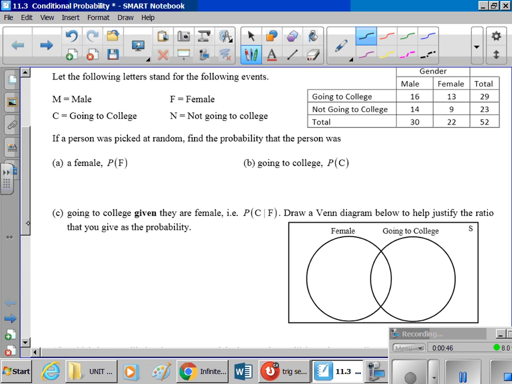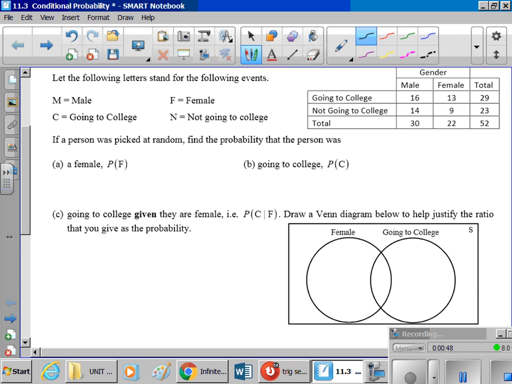The probability of a female is 22 out of 52, which is my entire sample space, and the probability of going to college is 29 over 52. So going to college, given they are female.